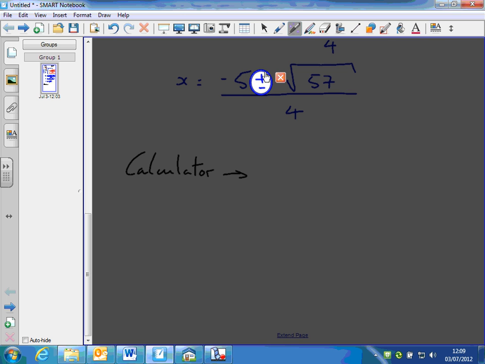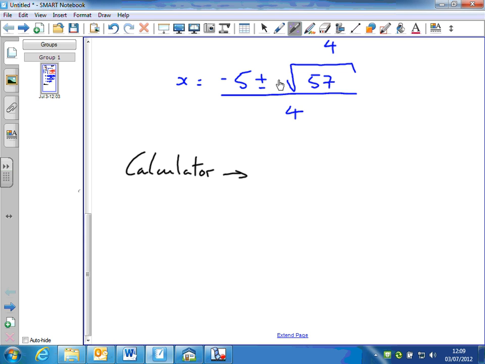So if we do it on the calculator, that makes it easy for us. So the first thing we do is minus 5 plus the square root of 57 over 4, and then we work out what minus 5 minus the square root of 57 over 4 is. Remembering quadratic equations, we always get two solutions, and those are the solutions.